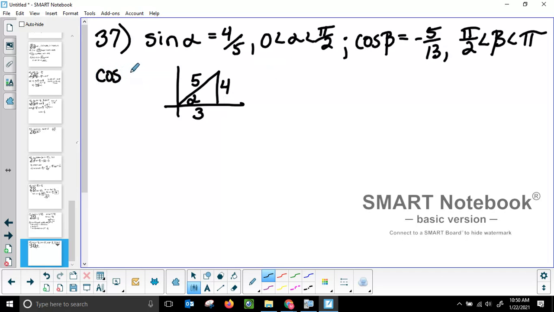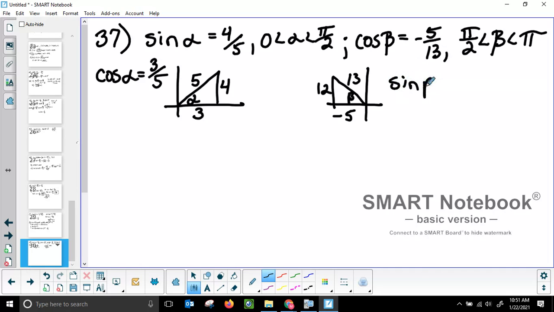So I know that cosine of alpha is going to be 3/5. I can do the same thing over here between pi/2 and pi. I know that I'm in the second quadrant. Cosine is adjacent over hypotenuse. This is a 5, 12, 13. So I know that sine of beta is going to be 12/13. So that's the preliminary work. Now we can actually do the stuff.